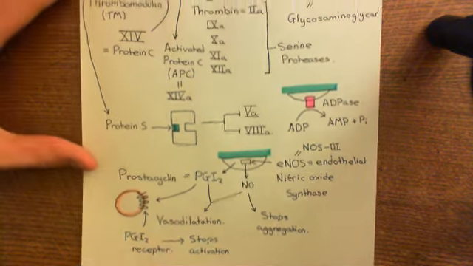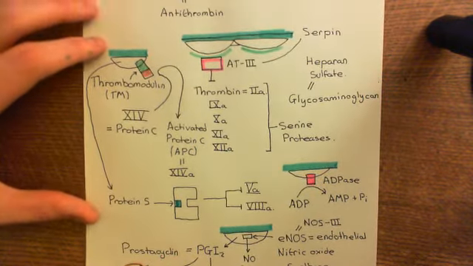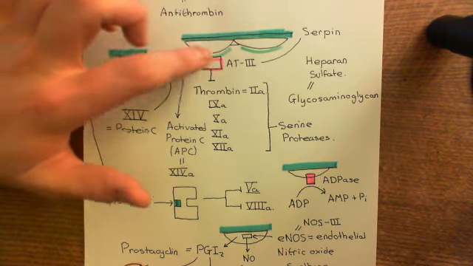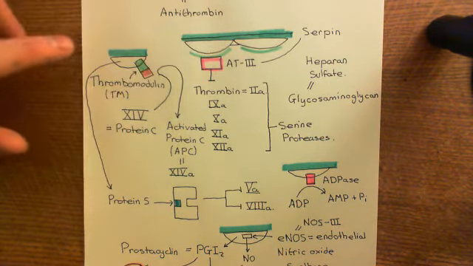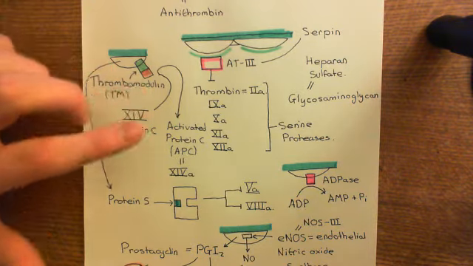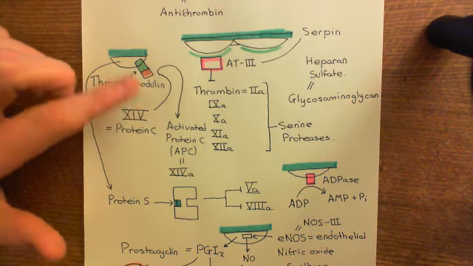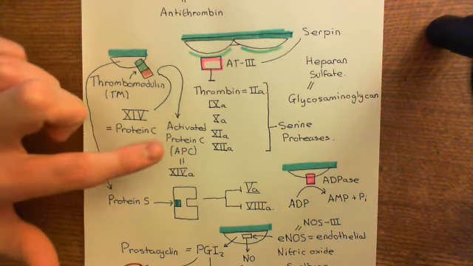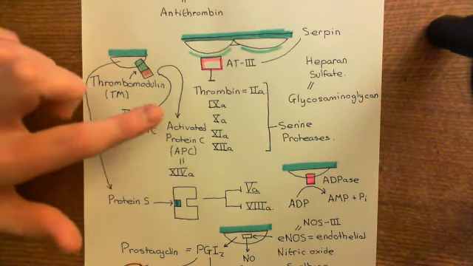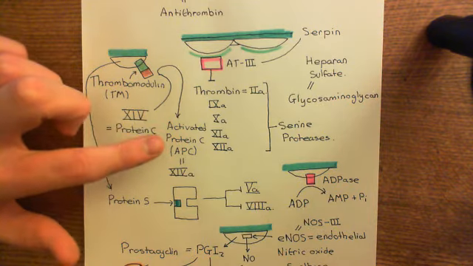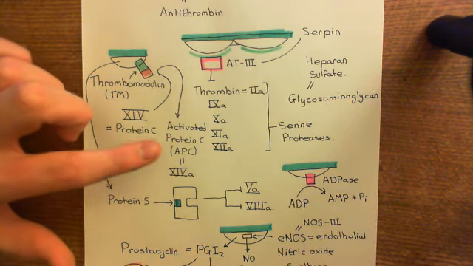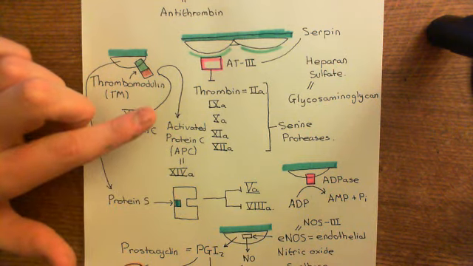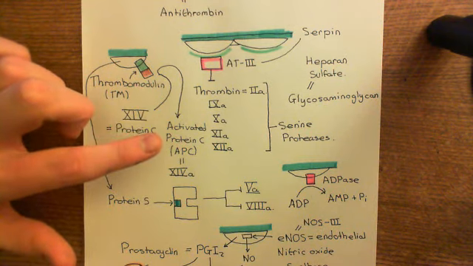We've seen how antithrombin 3 will bind to heparan sulfate proteoglycan, which is on the surface of the endothelial cells, and that will activate the antithrombin 3, which will then inhibit thrombin 9A, 10A, 11A, and 12A. And if these are inhibited, then you're not going to get coagulation either through the intrinsic coagulation pathway or the extrinsic coagulation pathway. So you're not going to get the production of fibrin strands.